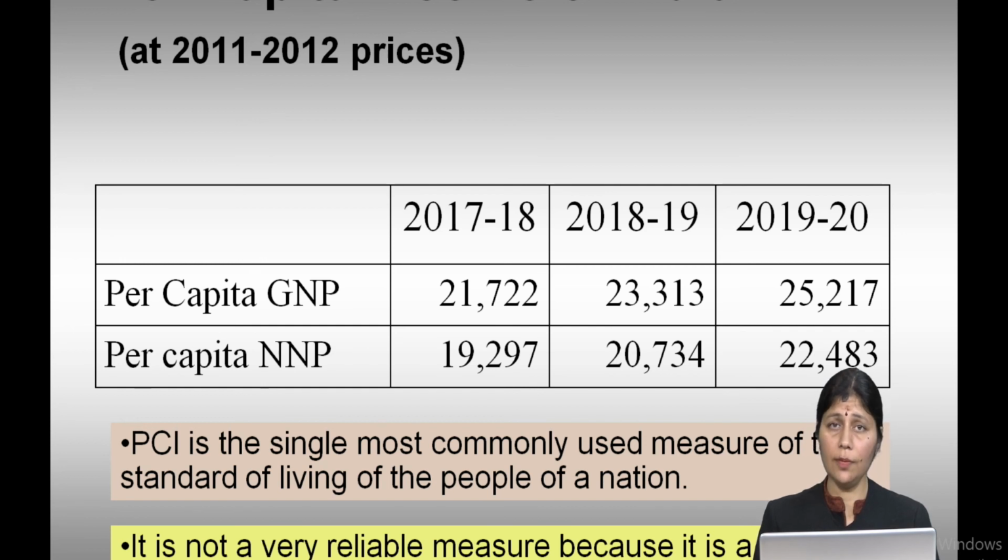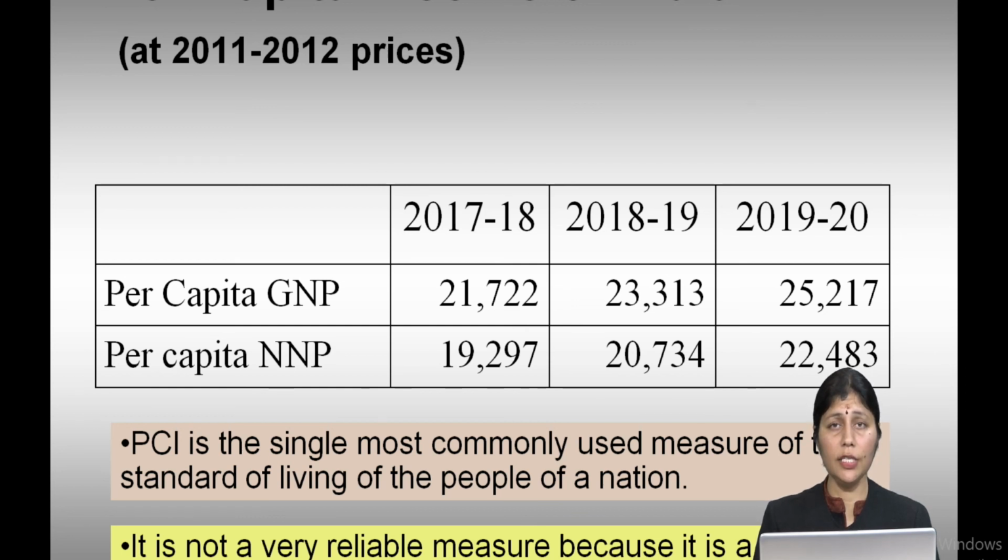Per capita GNP in 2017-18 was 21,772. In 2018-19, 23,313. In 2019-20, 25,217. When we calculate per capita NNP, it is 19,297 in 2017-18.